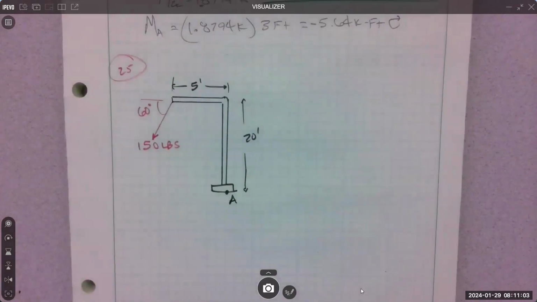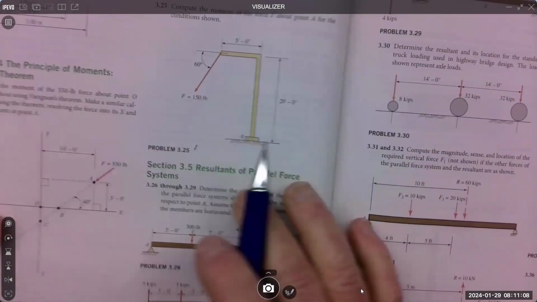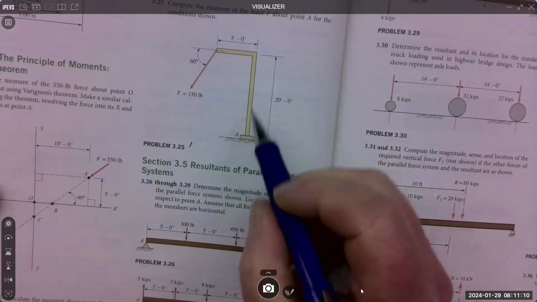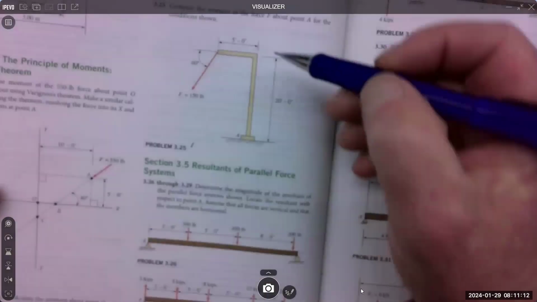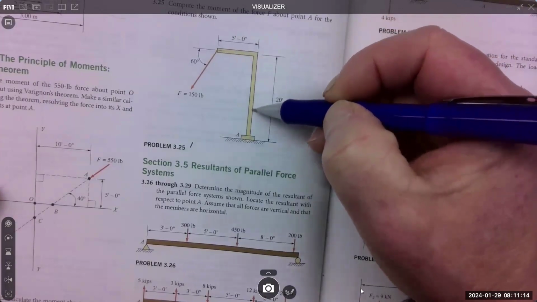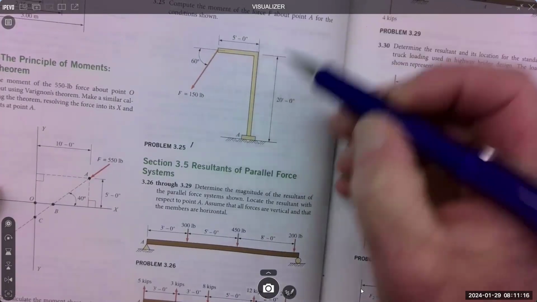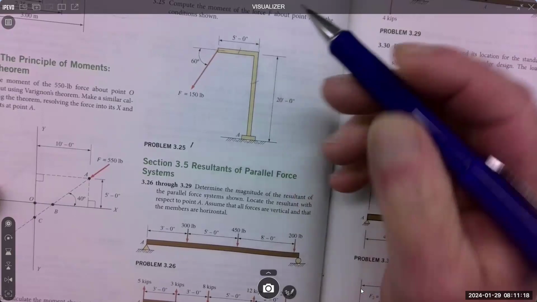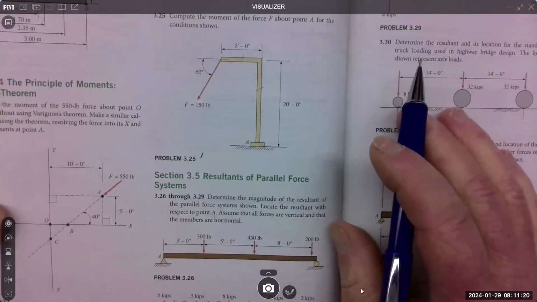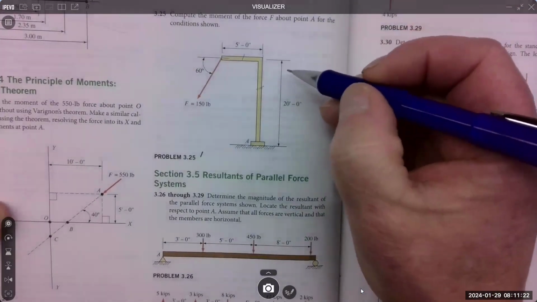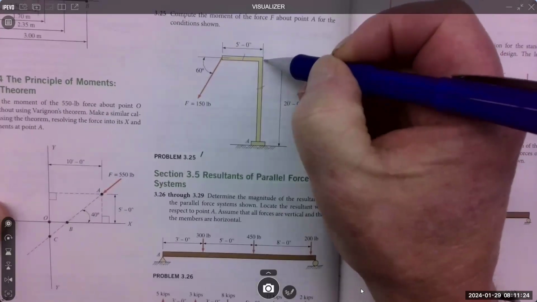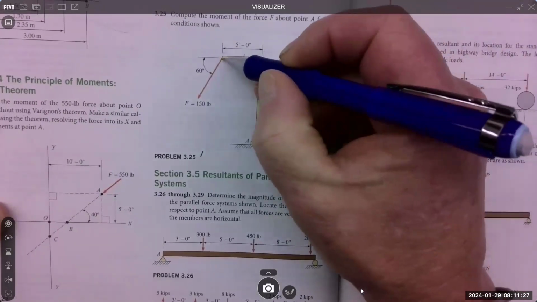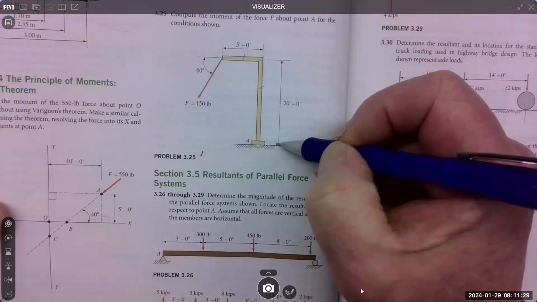So the only thing you can do with these kind of drawings is just kind of make some assumptions. This 5 feet is given to this edge right here. We're not given the thickness of this thing, so we can't really do anything about that. And then this looks like it's from like the midline, like where this is, down to the bottom.